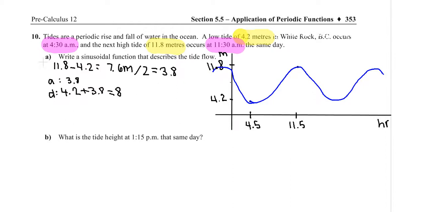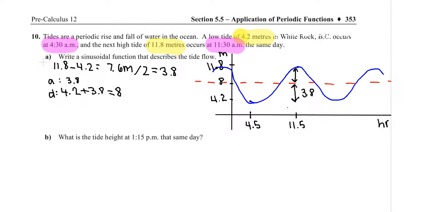Okay, so now we know that here roughly is 8, and that is where our equator is. So just drawing a dashed line that extends. We know that this and this are both 3.8, our amplitude.